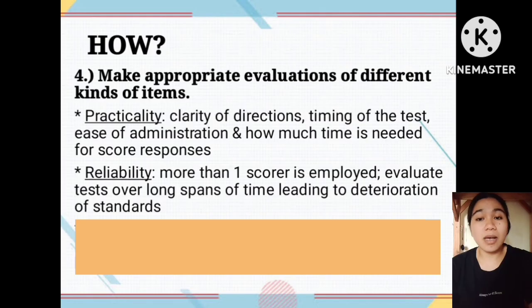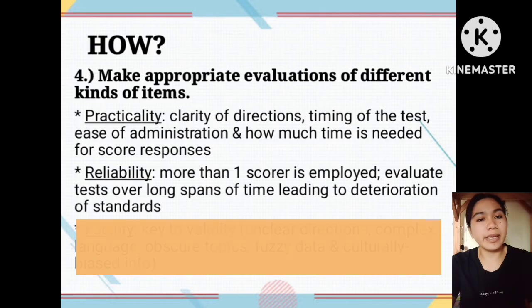Reliability is a major player in instances where more than one scorer is employed, and to a lesser extent when a single scorer has to evaluate tests over long spans of time that could lead to deterioration of standards.